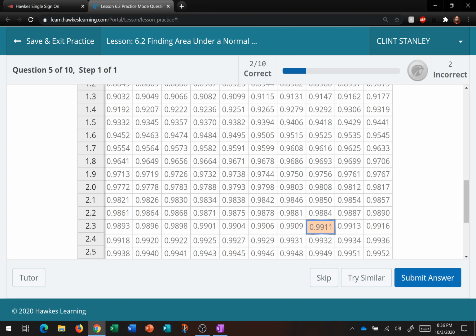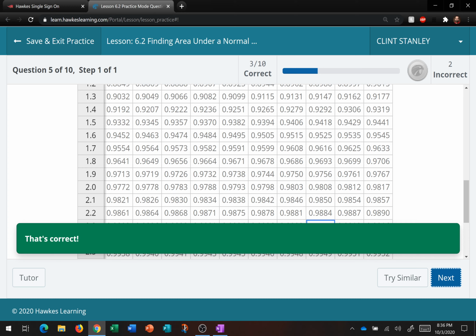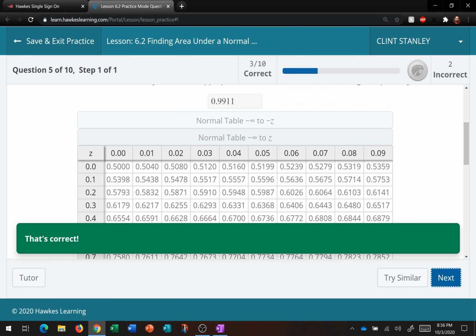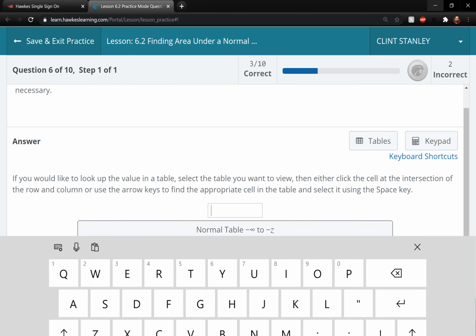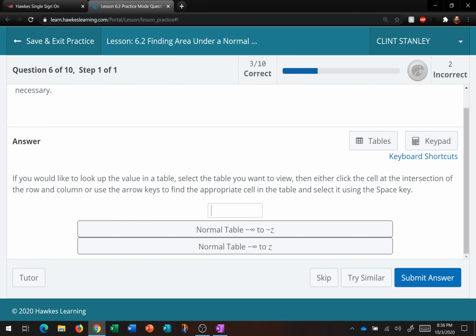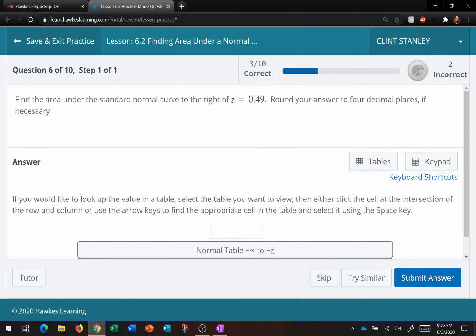We'll get 0.9911. Okay. Look at this one. Same type. We want the area to the right, so negative 0.49 is what I would look up, and that'll give me the area to the right.